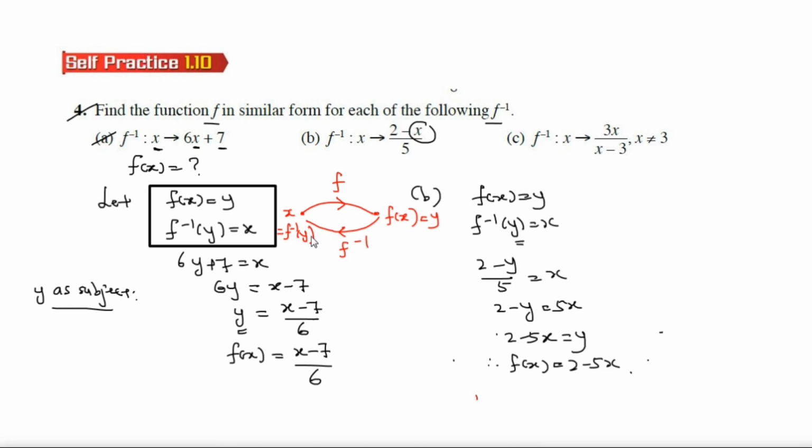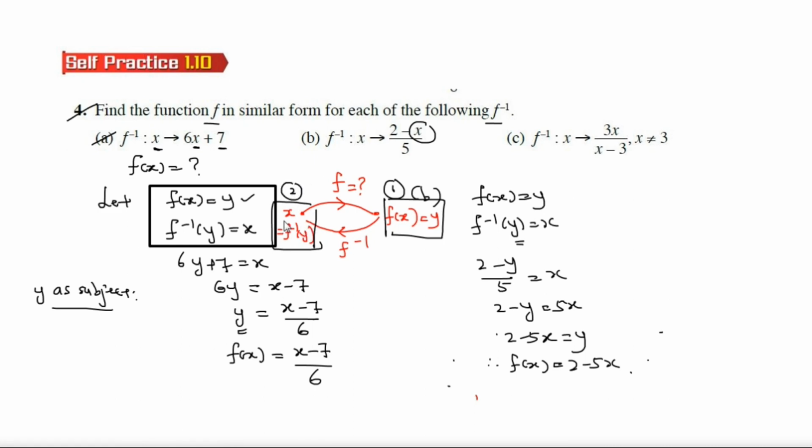So how to start to find f? You're required to find f. We start from here. We start by letting f x equal y here, and then followed by x equals f inverse y. This is the second sentence.